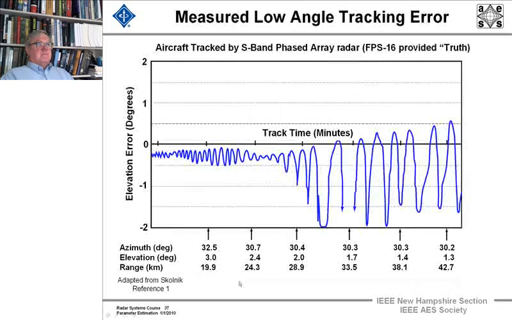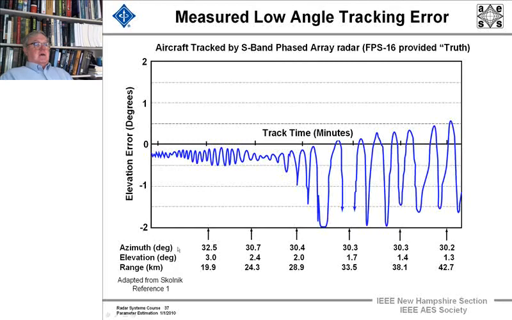This is data collected on an aircraft as tracked by an S-band phased array radar. Truth was supplied by a C-band FPS-16 radar. Okay? And this gives you the elevation error in degrees and the track time over minutes due to the low angle tracking error.